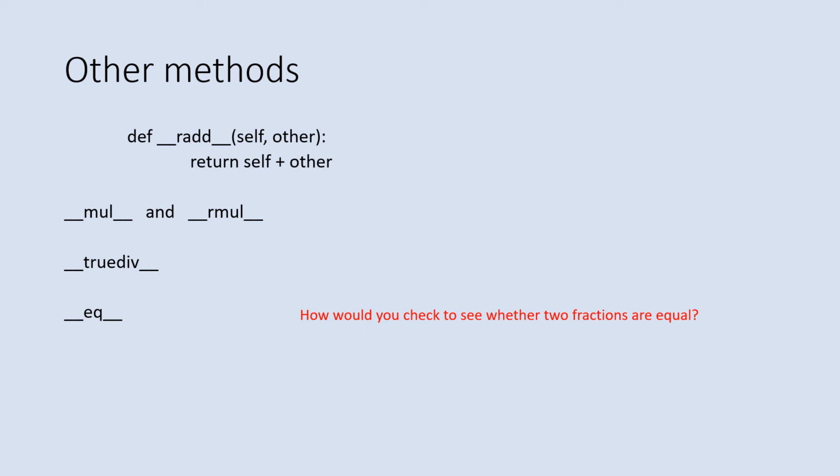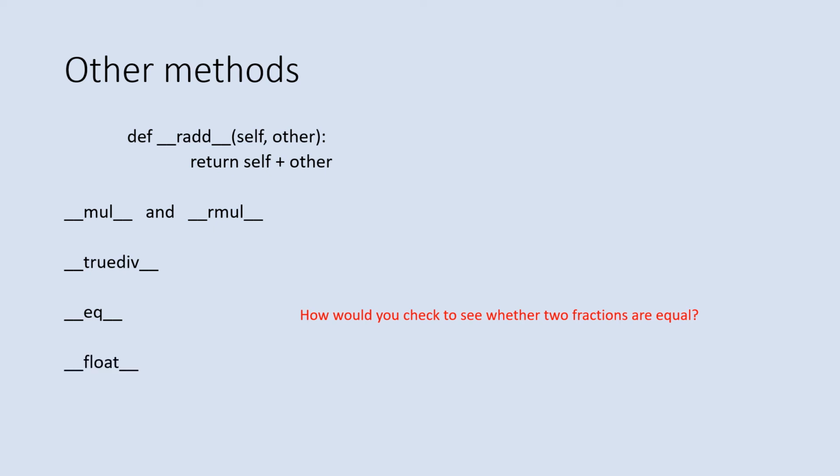To check whether two fractions are equal, we can't just check whether the two numerators are equal and the two denominators are equal, because, for instance, 1/2 and 2/4 are the same value. So there are different ways we could do the test for equality, and there are pros and cons to different ways of implementing it.